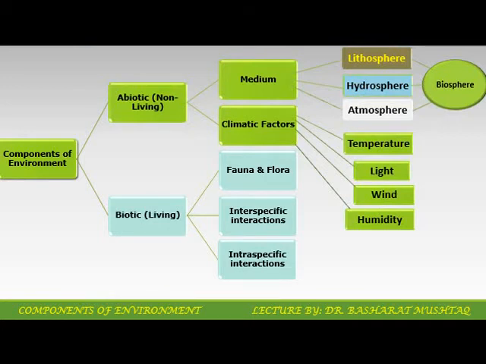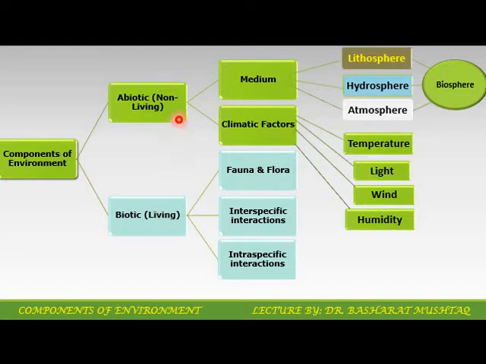The components of environment are broadly classified into two classes. Number one, abiotic components, and number two, biotic components. Abiotic components are also known as non-living components, and biotic components are also known as living components.